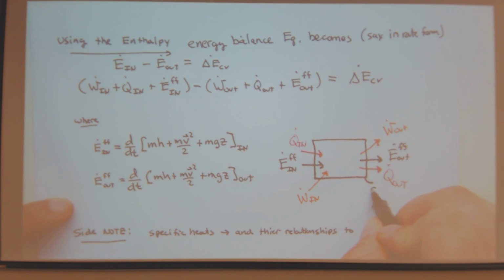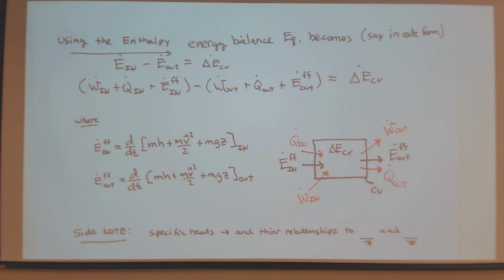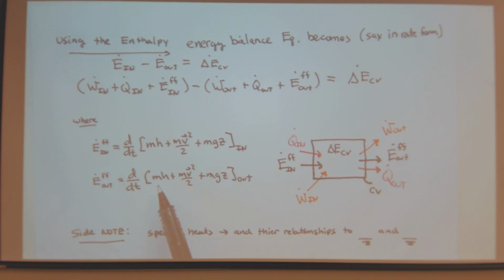Of course, this is a control volume, and I have some delta energy of my control volume. So all of this applies to this expression where I've written this out, and I've combined my internal energy per unit mass within my control volume and my pressure times specific volume, and just lumped it into an H.